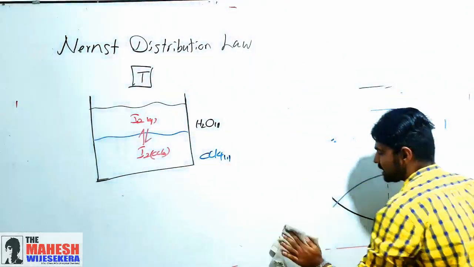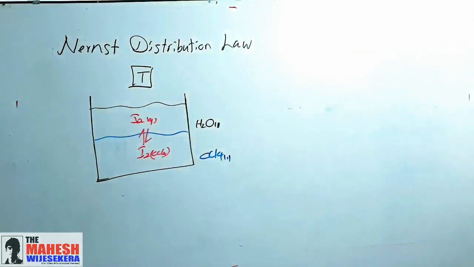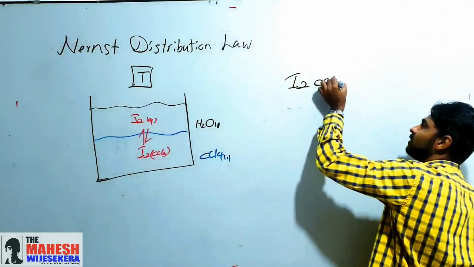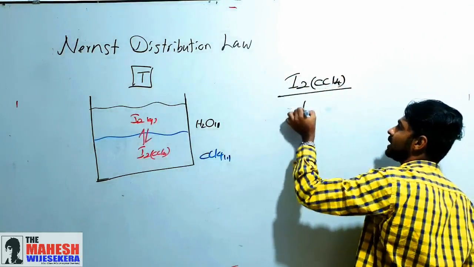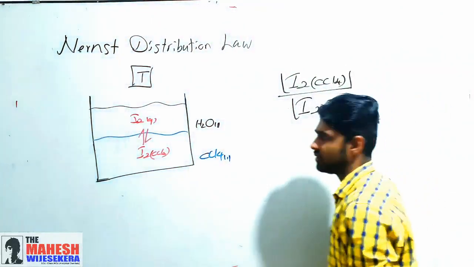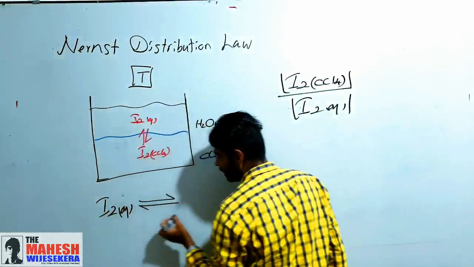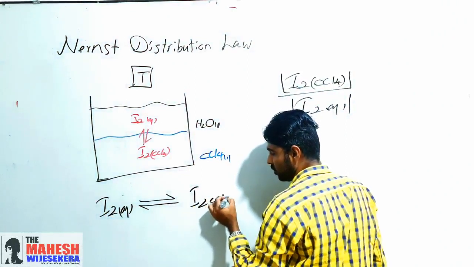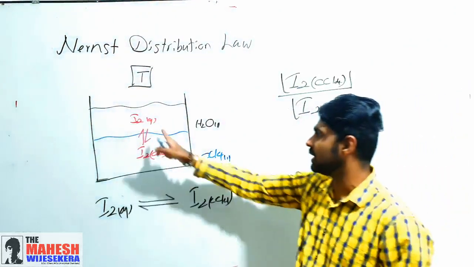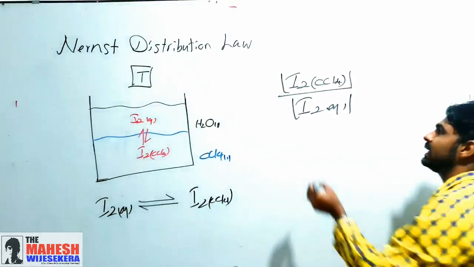The concentration ratio is constant, that is I2 CCl4 divided by I2 aqueous. This is an equilibrium between I2 aqueous and I2 CCl4. So what it says, the concentration ratio of the solute in between two solvents is constant.